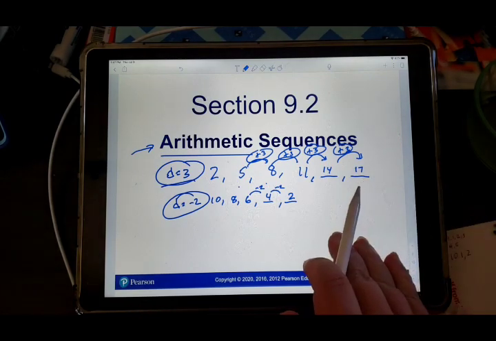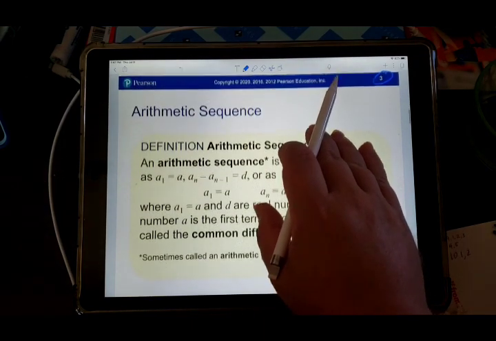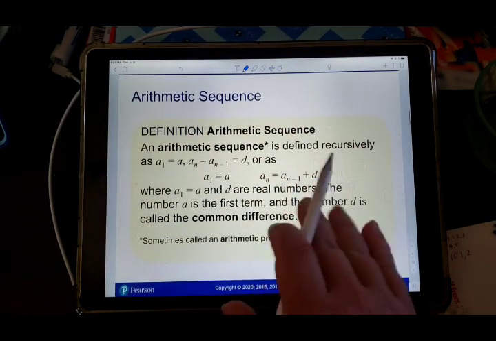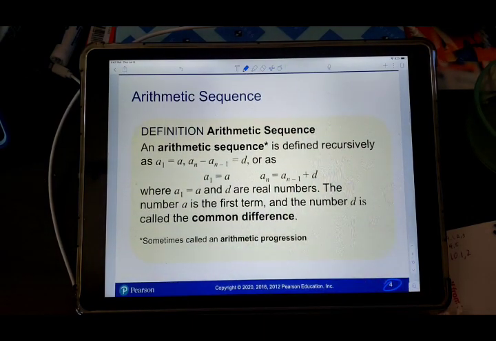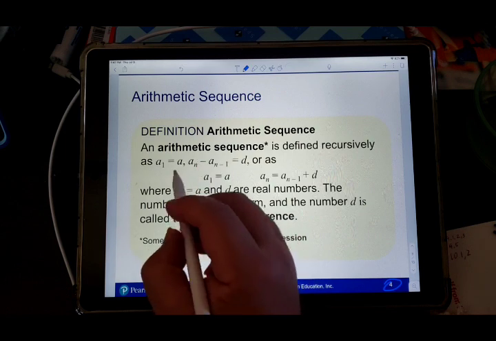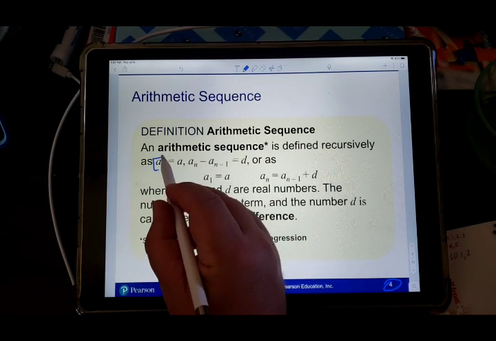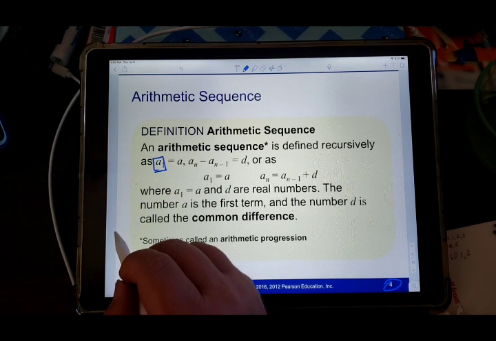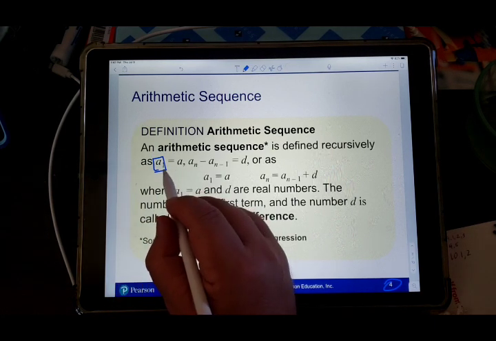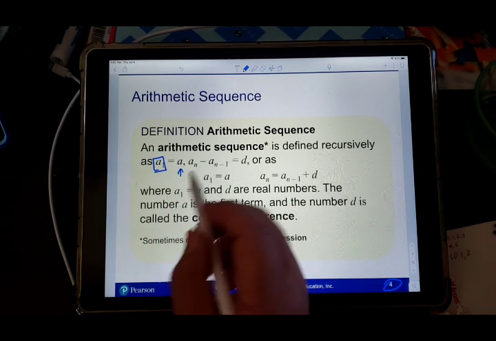All right. So we'll look at that very formally. We have an arithmetic sequence, and what do we know? The first term. And the first term is sometimes abbreviated without the 1 here as a.